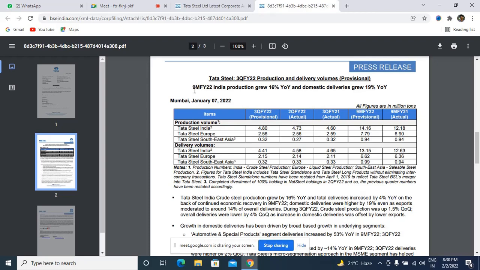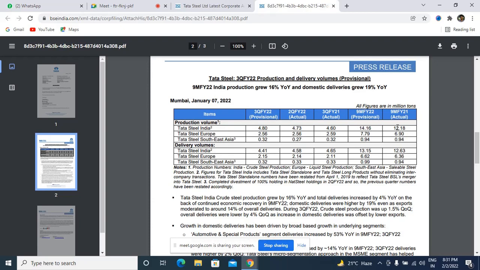Yeah, so here we can see 9-month FY22 India production grew 16% year on year. Now look at this data. This is 9-month FY21 actual data, 12.18 million tons, and in this financial year, 9-month, their production data is 14.16.